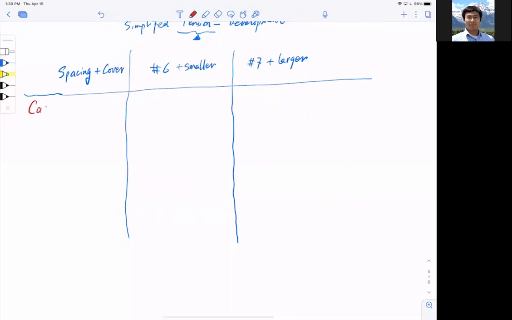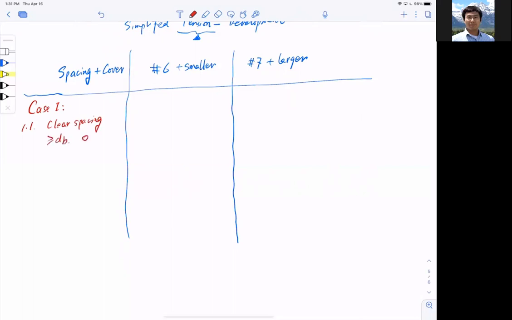Okay, case one. The first category, case 1.1, is when my clear spacing is bigger than dB.